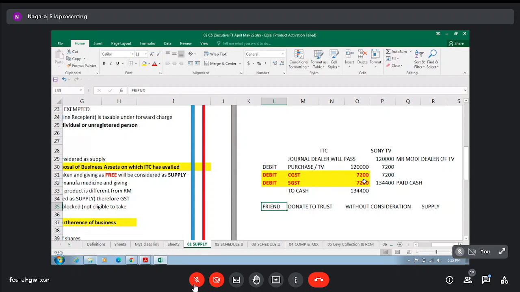Supply means sale. Without consideration, you are supplying business assets on which you have taken the ITC. You will have to pay GST to the government.